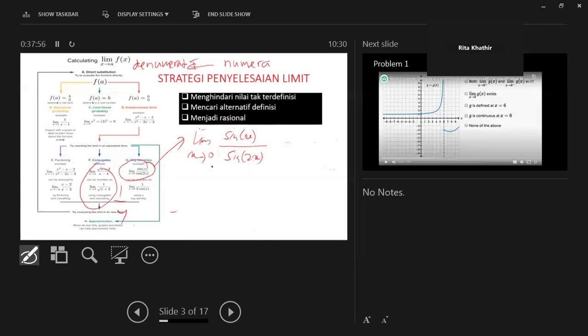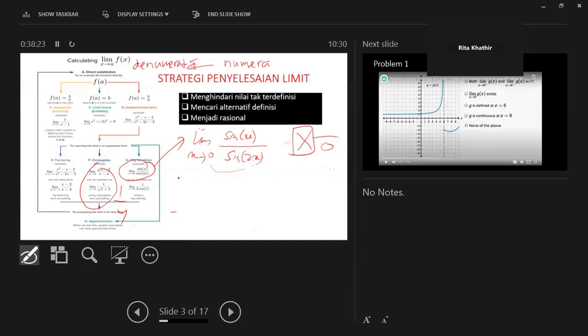If we substitute directly, sinus 2 times 0 is 0, sinus 0 is 0, and over 0 again. Avoid over 0. Dangerous over 0. You go to school, you go to study to avoid over 0.